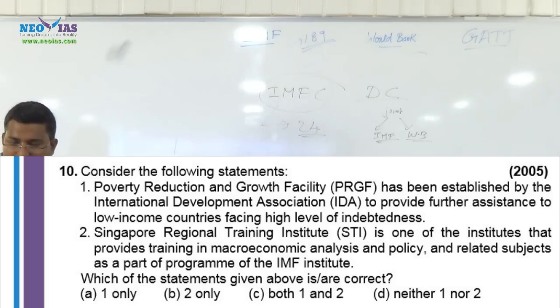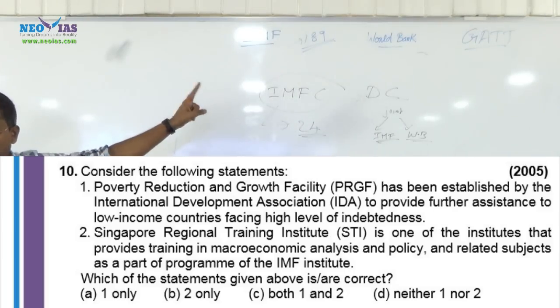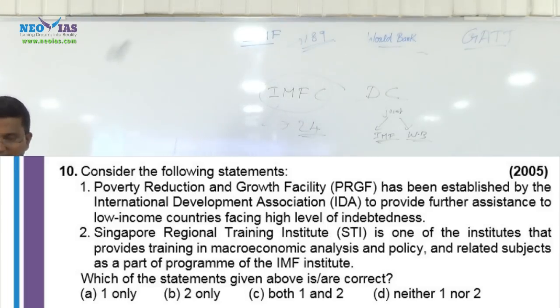The Poverty Reduction and Growth Facility has been established by the International Development Association. Is it correct? No. Who established it? It is the IMF. So that's wrong. If it was IMF instead of IDA, it would have been a correct statement. Regarding IDA, we'll discuss it while discussing World Bank. IDA is very important for you, as questions have already been asked from IDA.